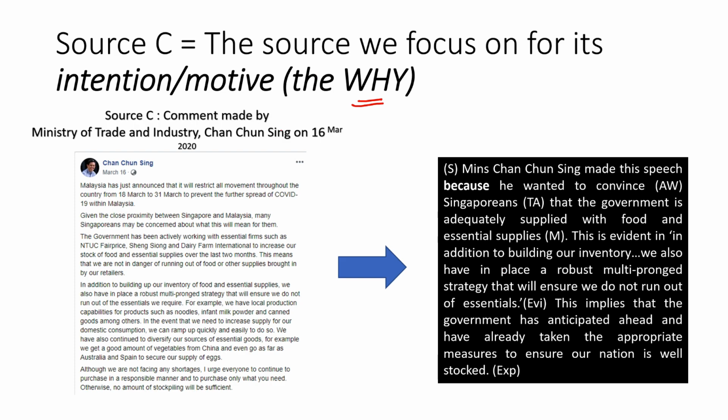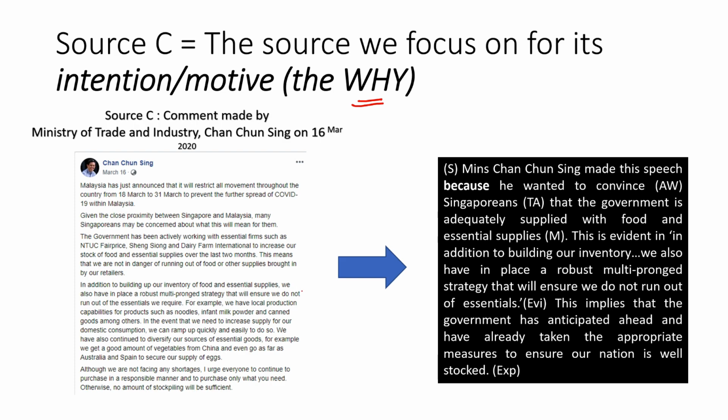So in this particular example, source C, Minister Chan Chun Sing, actually talks about the lockdown of Malaysia, and he gives insights that Singaporeans may be concerned, but the government has already taken steps with major suppliers like NTUC, Sheng Siong, and Dairy Farm International to increase the stock of food and essential supplies over the last 2 months, indicating that the government has already anticipated the lockdown.